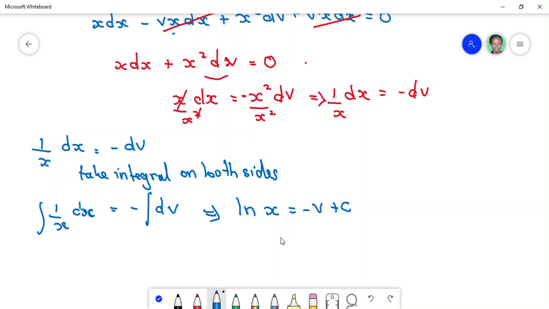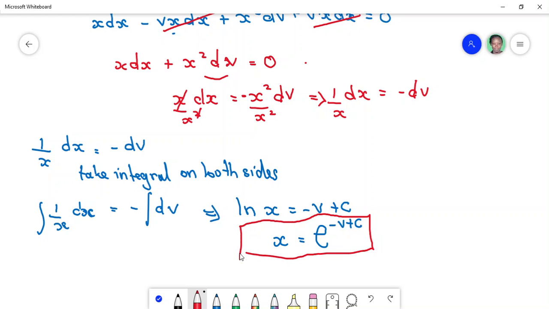And you can write x equal to the exponential of minus v plus c. But you realize that our initial equation was not in terms of v.